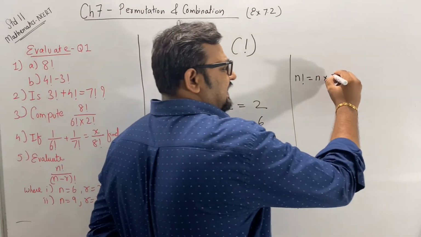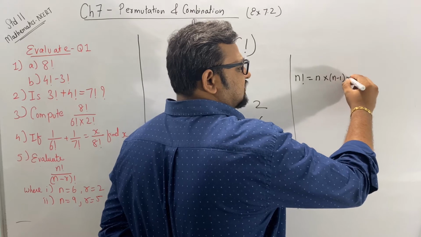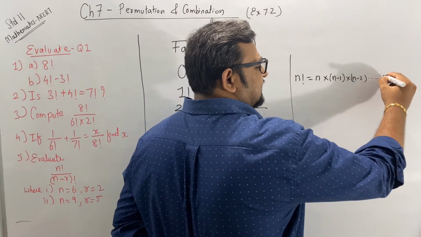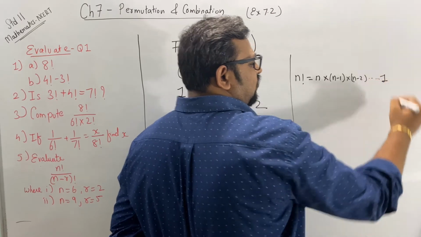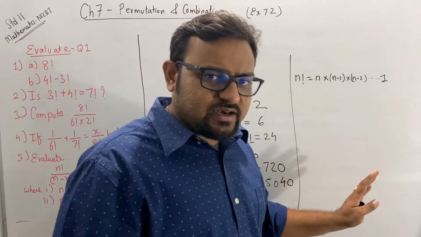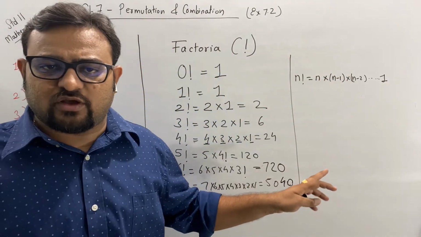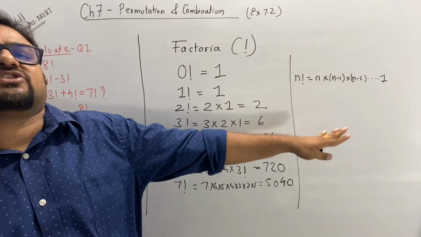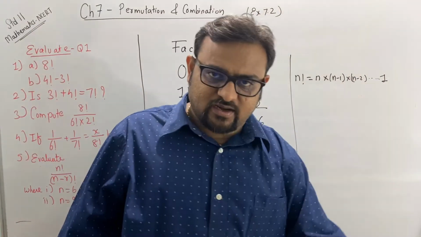So this will be n into n minus 1 into n minus 2, and the last will be 1. Clear? If I want to stop in between, use the symbol factorial. Or else n factorial will be n into n minus 1 into n minus 2 up to 1.